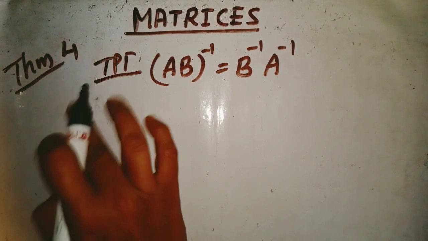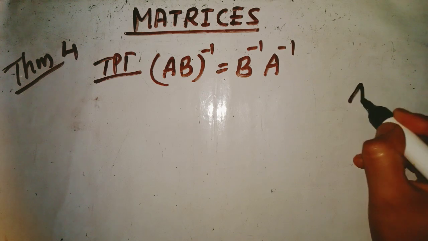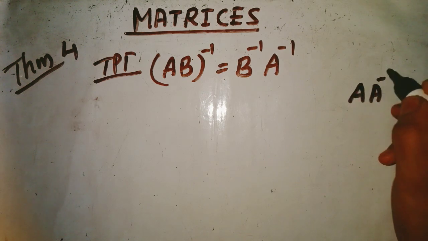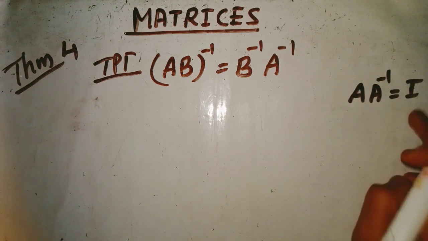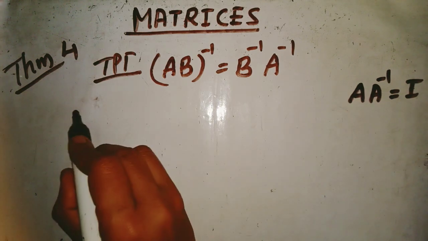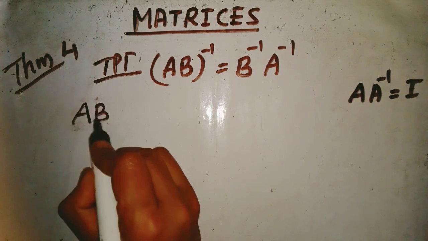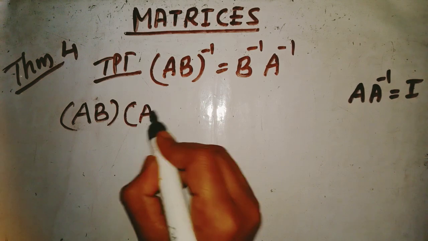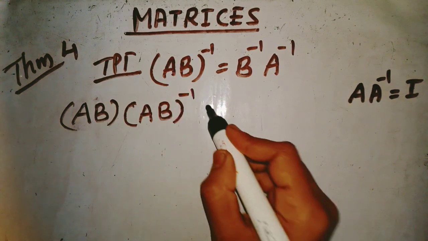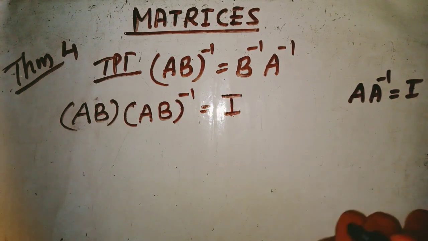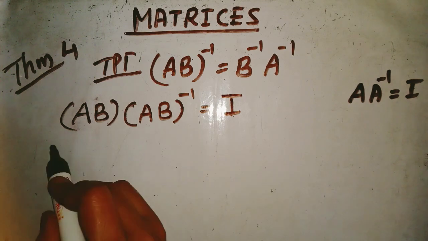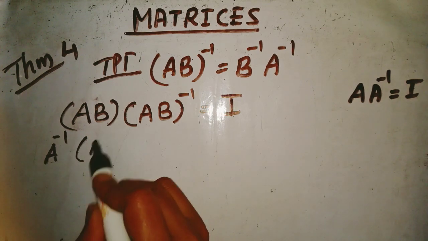We know that A into A inverse, you will get I, identity, correct? So we'll take the AB product multiplied with its inverse, which is our identity matrix. Now multiply A inverse on both the sides.